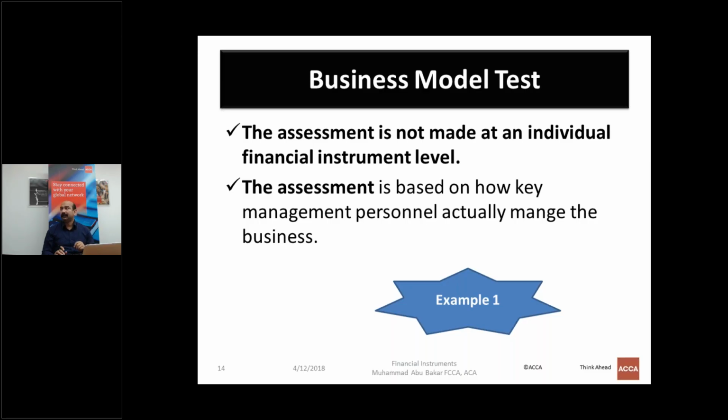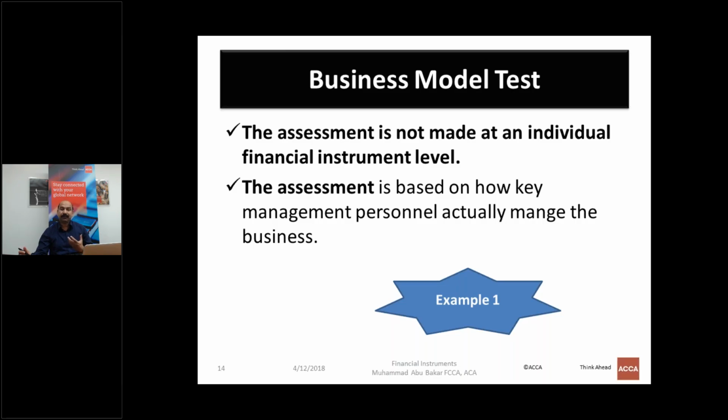See, IFRS 9 introduces a business model test that requires an entity to assess whether its business objective for a debt instrument is to collect the contractual cash flows of the instrument as opposed to realizing its fair value change from sale prior to its contractual maturity. Note that the assessment is based on how management personnel actually manage the business, rather than management intentions for a specific financial asset.